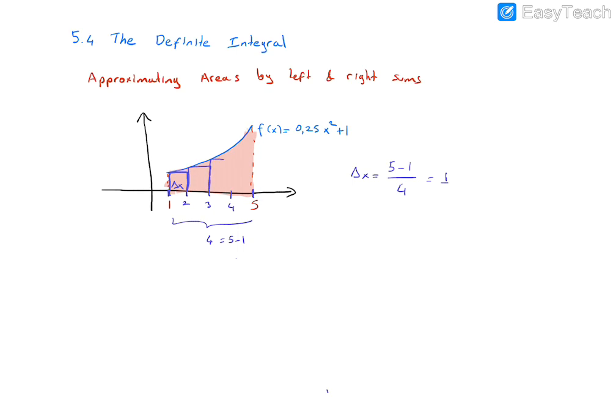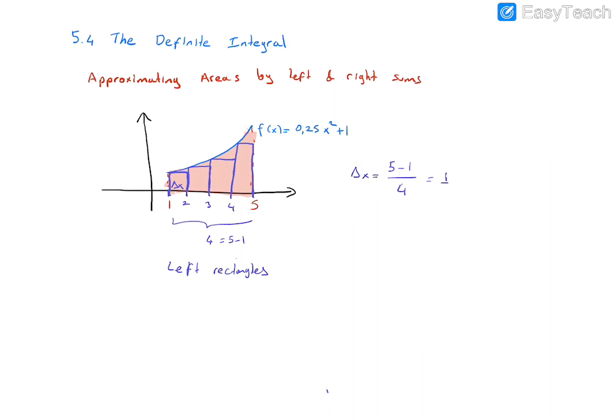For the third interval, this is our rectangle. For the fourth interval, this is our rectangle. So these are left rectangles, and similarly we can show the right rectangles.